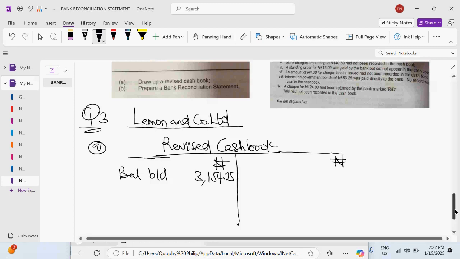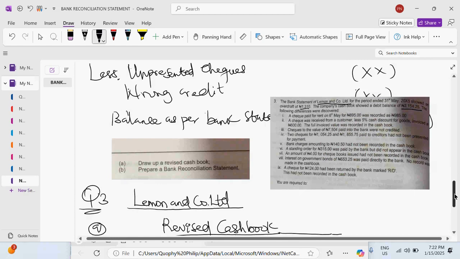All right. So what is the next thing? Now we go through the individual transactions. The following differences were discovered: the balance of the bank statement did not agree with the cash book balance. The bank statement showed an overdraft of 1,310.